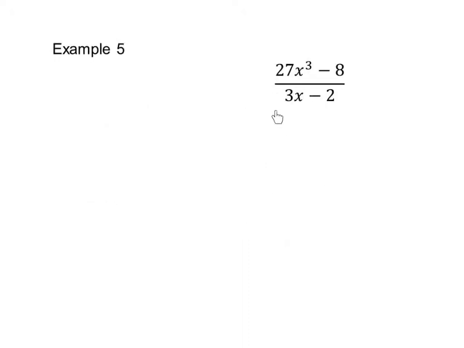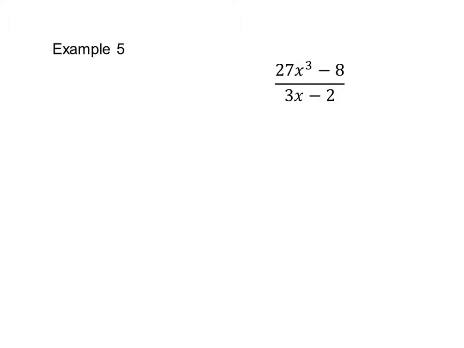Here is example 5. Now remember, always the first step is to try to match the form of the expression of the dividend with the form of the expression of the divisor. So the forms apparently don't look the same now, but we have a clue here that this 27x cubed should be 3x to the power of 3.